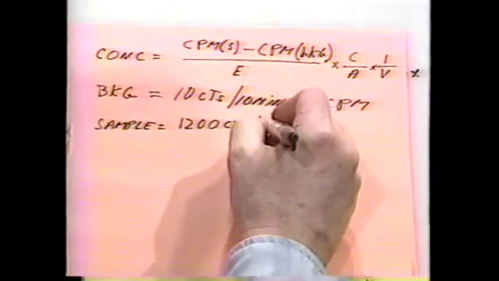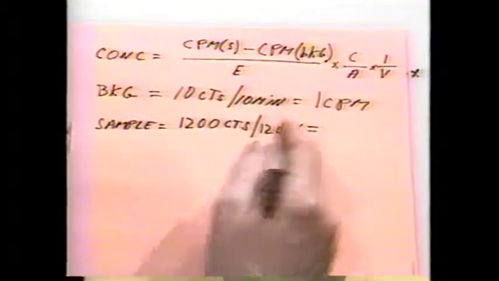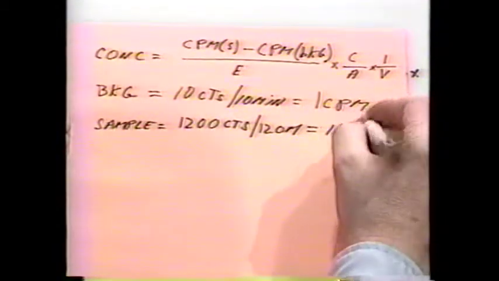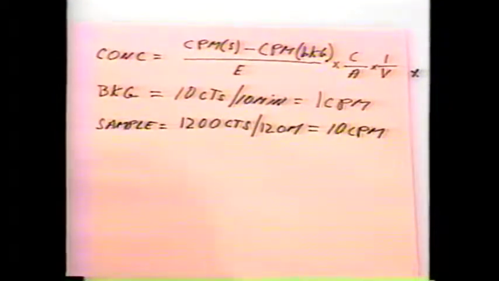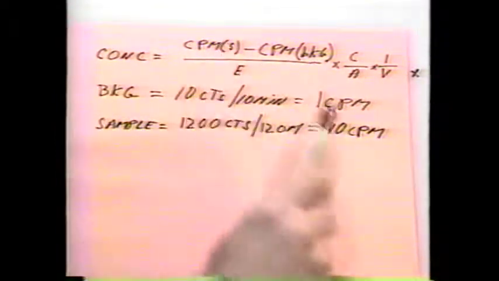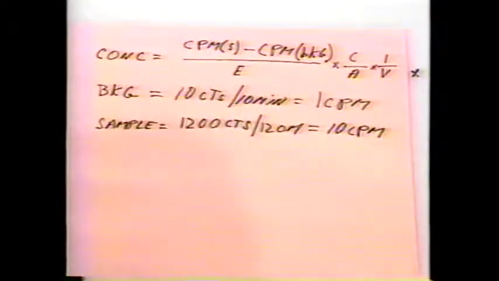And suppose that when we do that, we get from the sample, suppose we get 1,200 counts in 120 minutes. That gives us, of course, 1,200 over 120 is 10. Note the ease of these numbers. Counts per minute. So now we have the sample counts per minute, and we have the background counts per minute, a 10 and a 1 here.